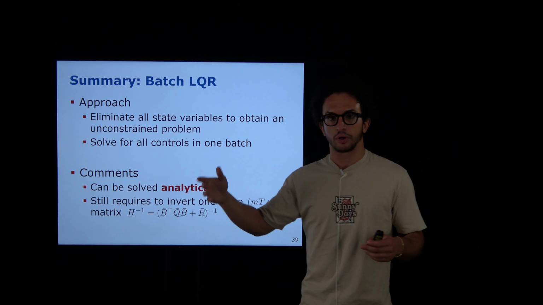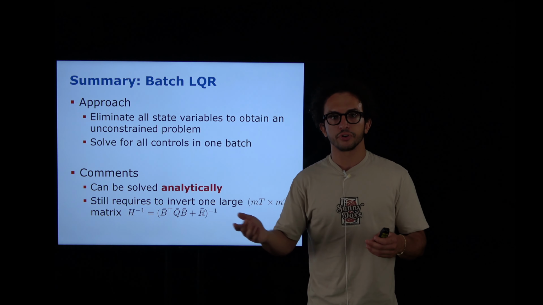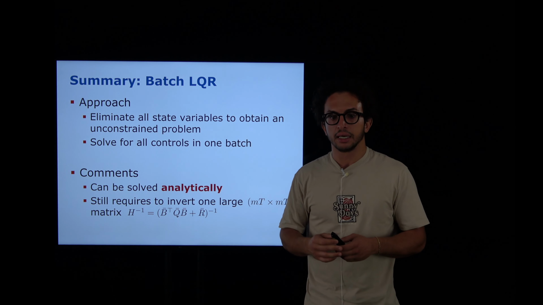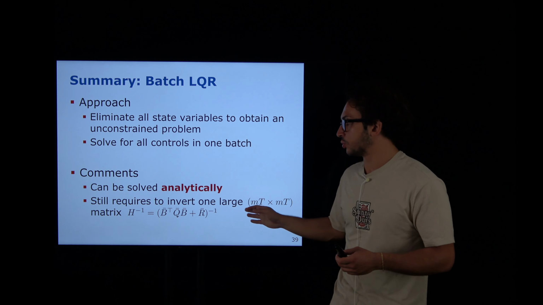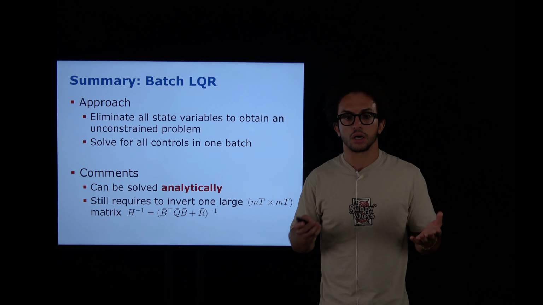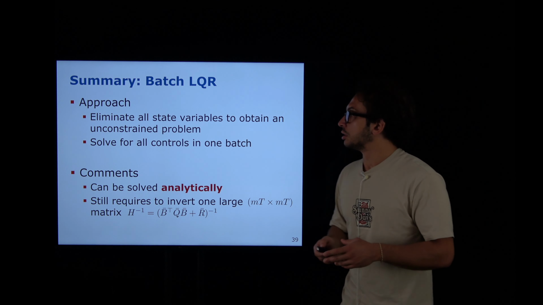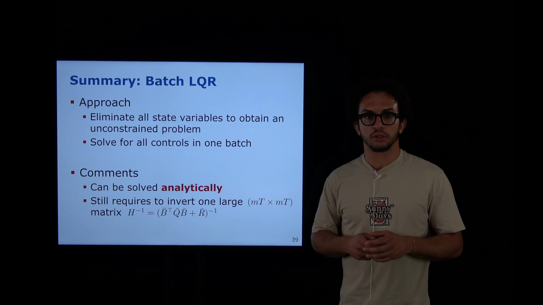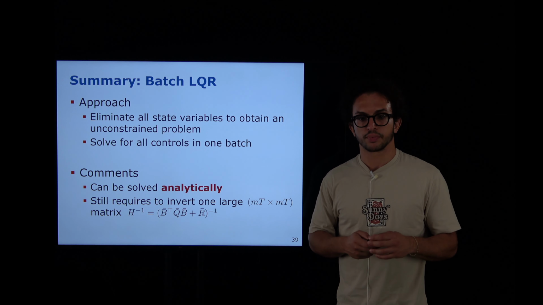We found the formula, and it is basically a proportional controller in the initial state. But it requires inverting one very big matrix, which is hard. So this is a summary of how the batch LQR works.